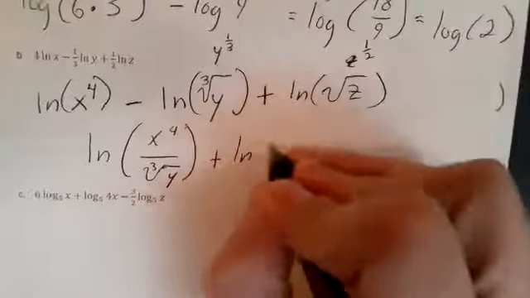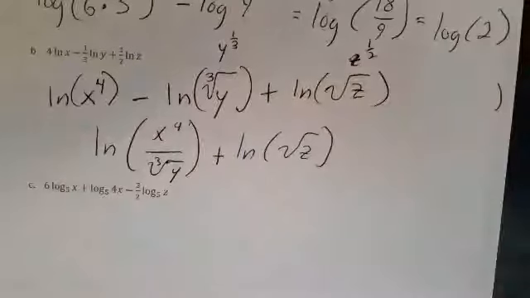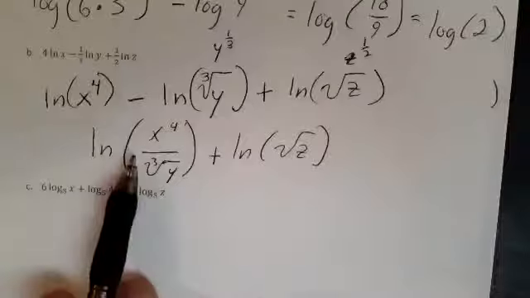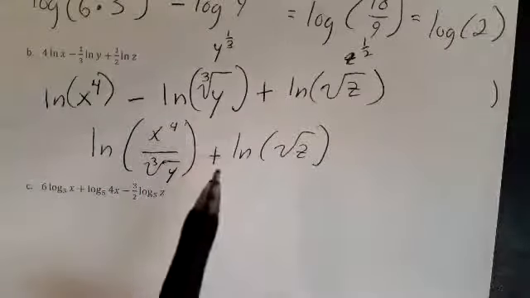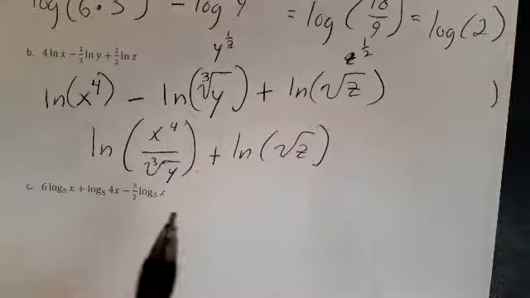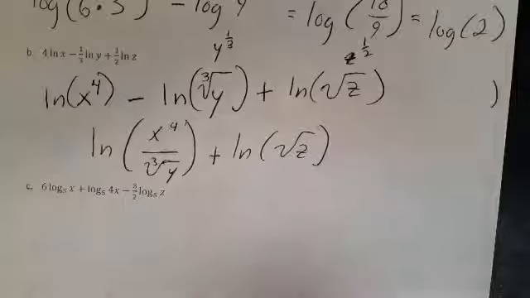Plus, we still have that plus ln of the square root of z. And so what we see here, here's a log, here's a log. What separates them is addition. So addition on the outside is like multiplication on the inside.